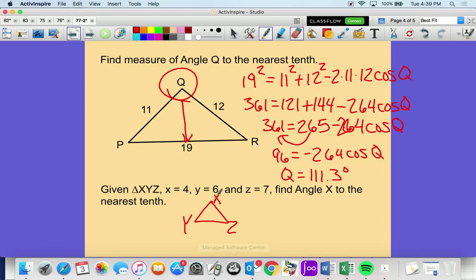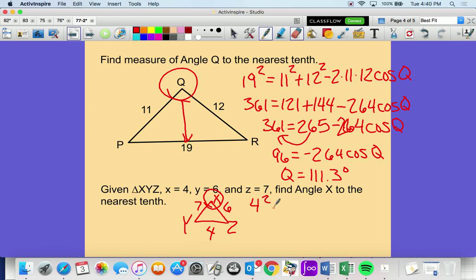Now if we have angle X on the top, we would put side x on the bottom. If we have angle Y on the left, we need to put side 6 over here, and then that would put 7 here. We want to find angle X. So it's very similar to the one that we did up here.